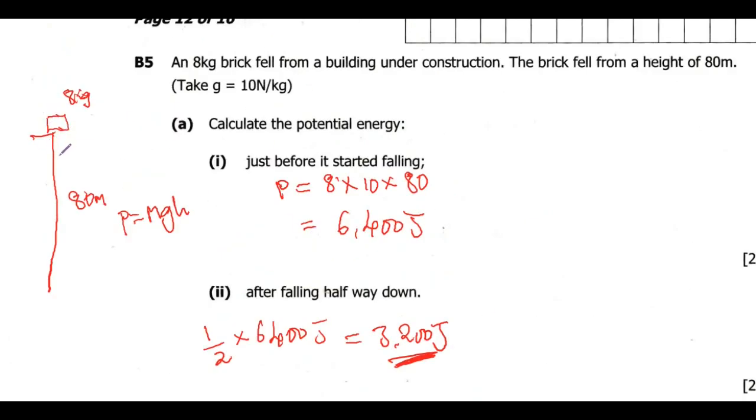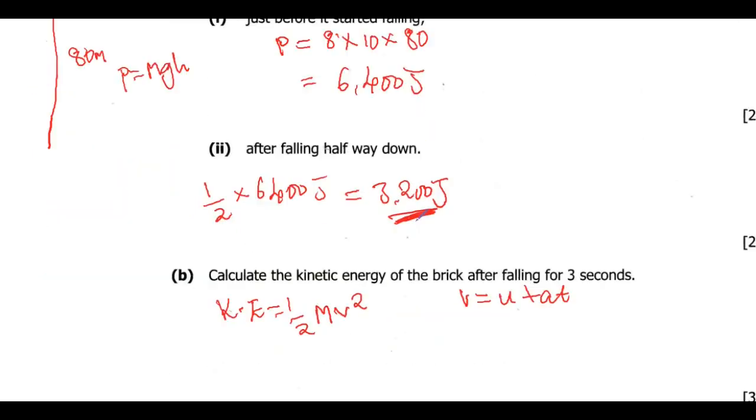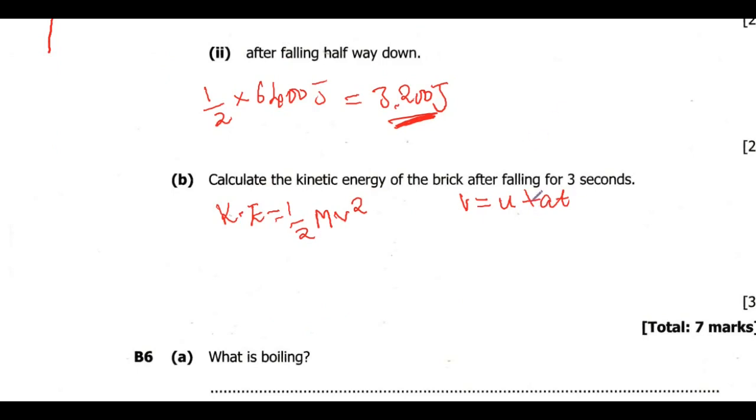So final velocity is equal to 0 plus acceleration, which we take as the acceleration due to gravity, 10, because it's a downward force, times the time, which is 3 seconds. The final velocity we get is 30 meters per second.